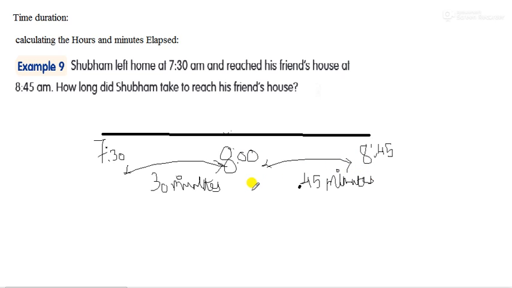Now add 30 minutes plus 45 minutes. 30 plus 45 is 75 minutes. So he takes 75 minutes to reach his friend's house.